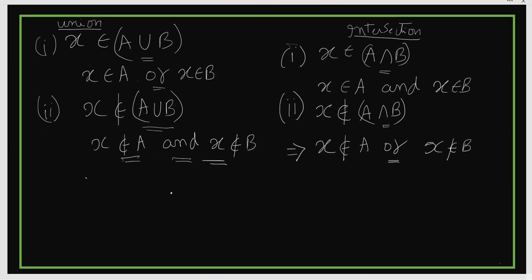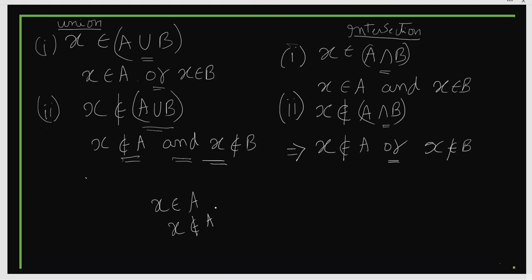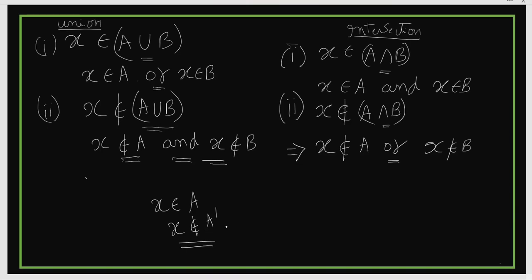Last one is, okay, this is A. If x belongs to A, x does not belong to A complement. This is straightforward. This is true. These three things you remember. This is for union. This is for intersection. Remember this.